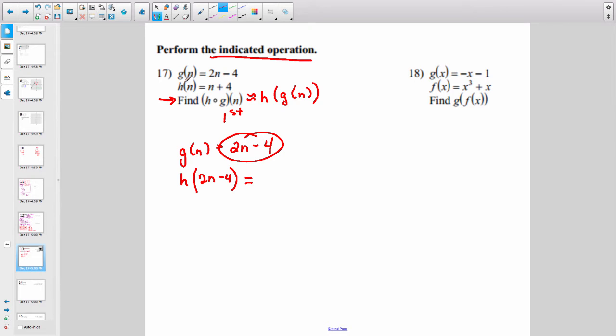Now, the function h says, listen, whatever you give me, put it right here. So that's what I'll do. And when you're done, add 4. So that's what I'll do. Now we're done. First came g, then goes h. But good mathematicians, we should combine like terms, simplify, make everything beautiful. So these actually end up canceling, and your final answer would just be 2n.